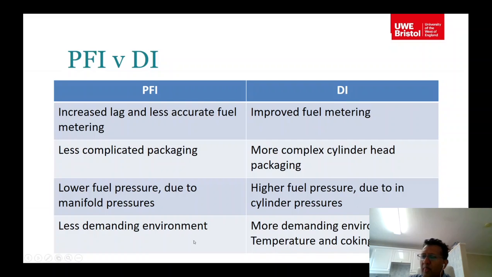And PFI creates a less demanding environment, and direct injection creates a higher demanding environment. So one of the problems in direct injection is knocking can happen very quickly. So you need to control knocking in direct injection.